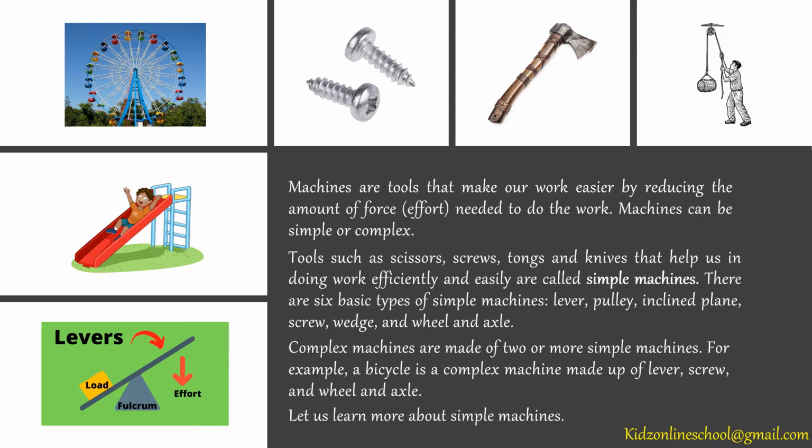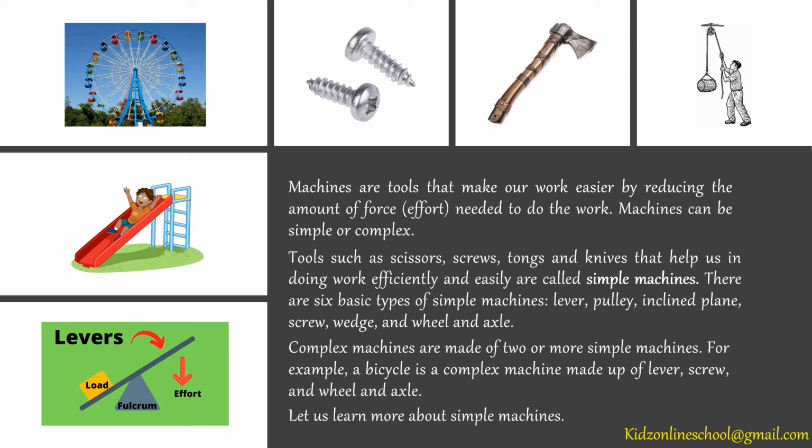Complex machines are made of 2 or more simple machines. For example, a bicycle is a complex machine made up of lever, screw, and wheel and axle.